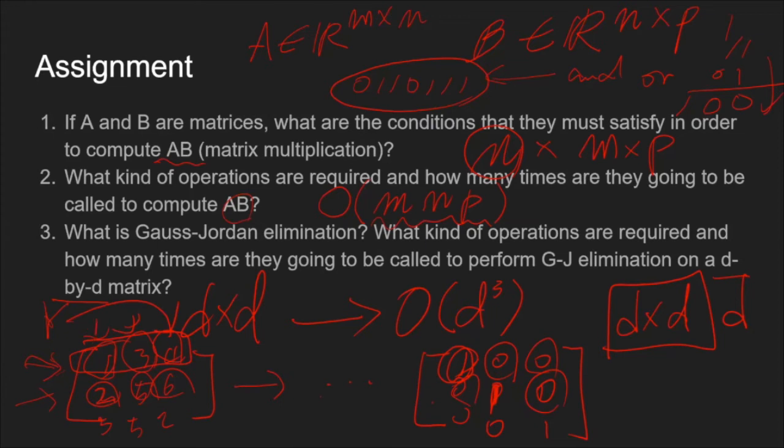For a d by d matrix, we have d elements in a row, and that's a total of d multiplications. As a result, you end up having d cubed multiplications in order to compute Gauss-Jordan elimination.